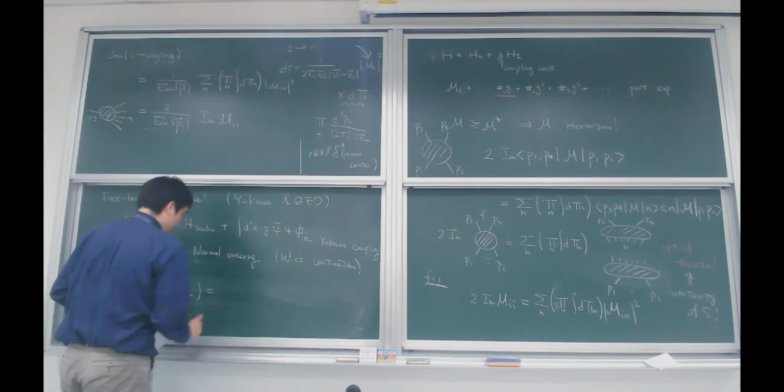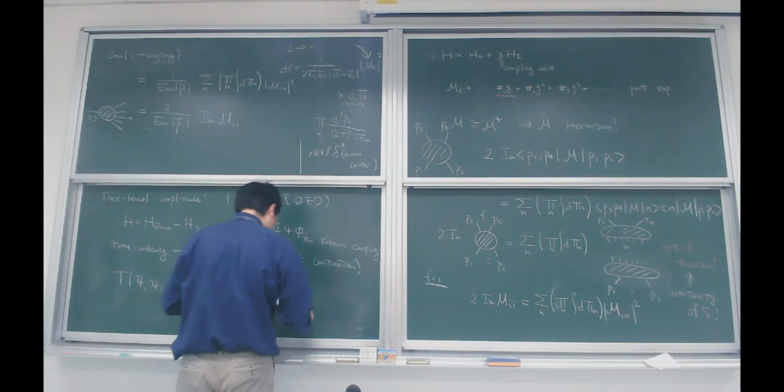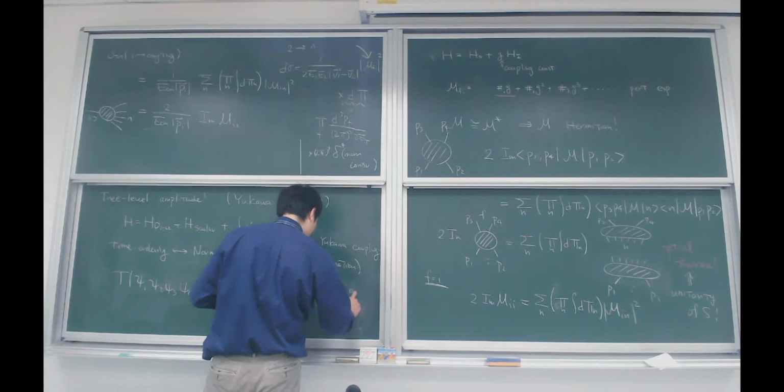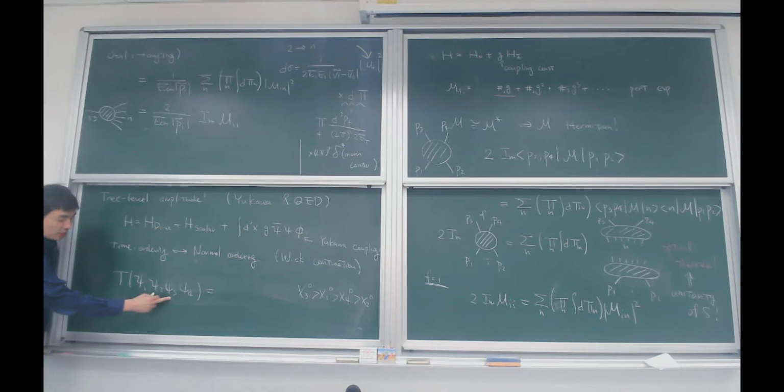Suppose the time ordering is x3^0 greater than x1^0 greater than x4^0 greater than x2^0. In this case, we just need to bring x3 to the front, to the left, and then x4 to the third position. So x3 is brought forward twice, giving 3, 1, 2, 4, and then x4 is brought forward one more time.